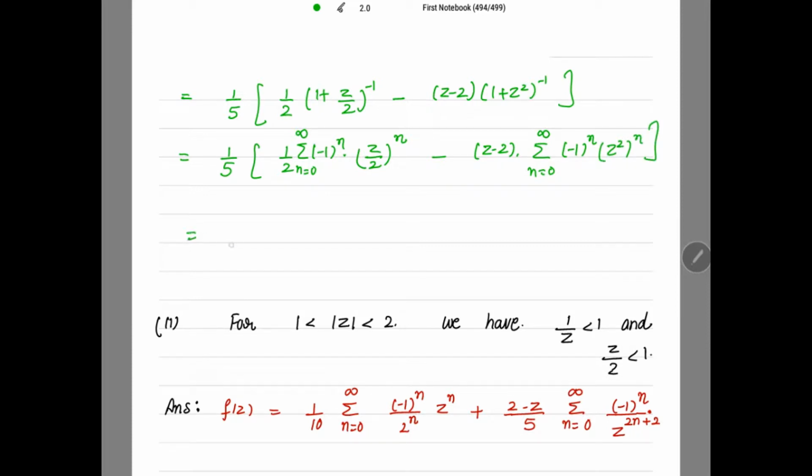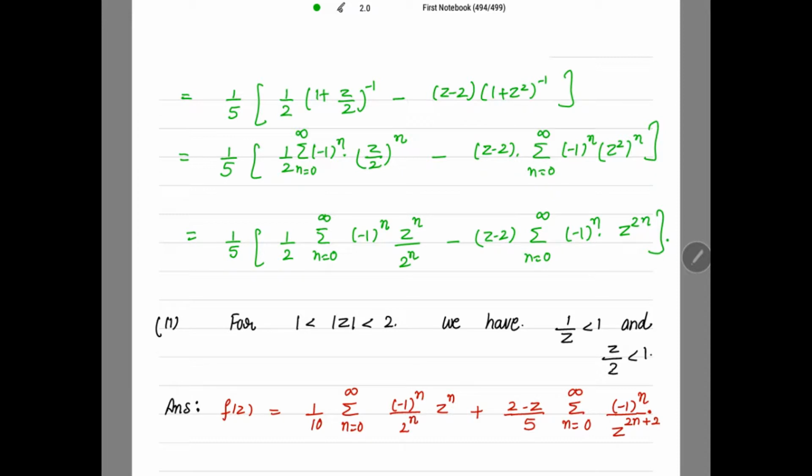And finally, I'm having 1 by 5, 1 by 2 summation n 0 to infinity, minus 1 the power n z the power n over 2 the power n, minus z minus 2 summation n going from 0 to infinity minus 1 the power n z the power 2n. That's it.